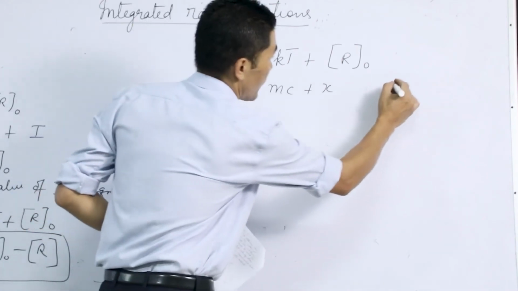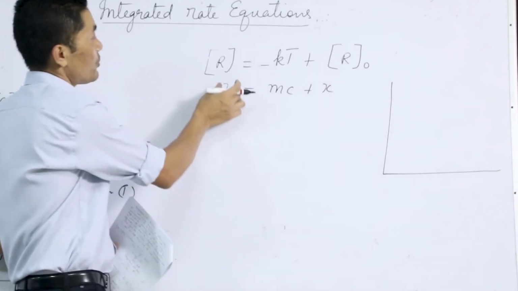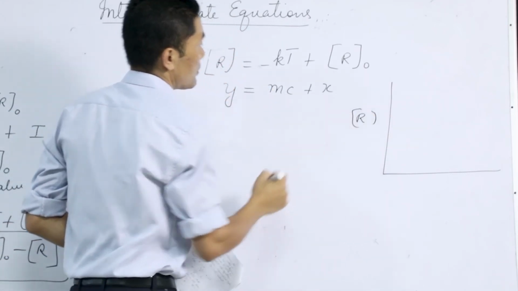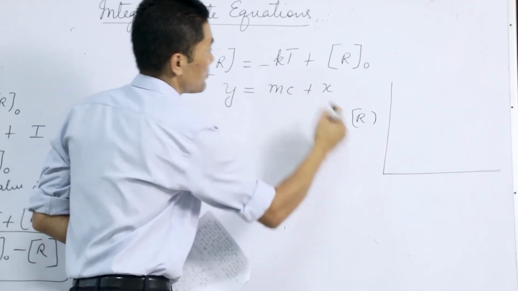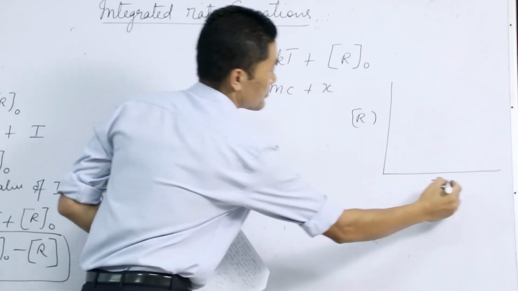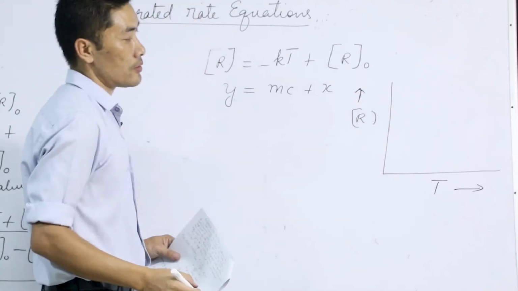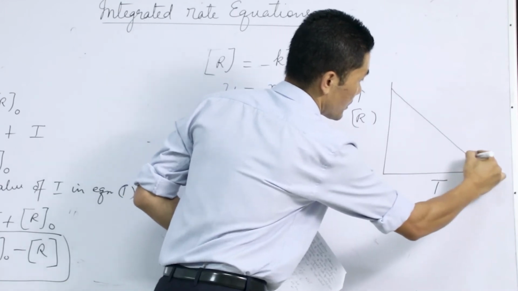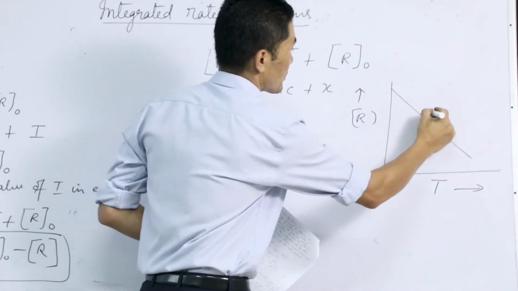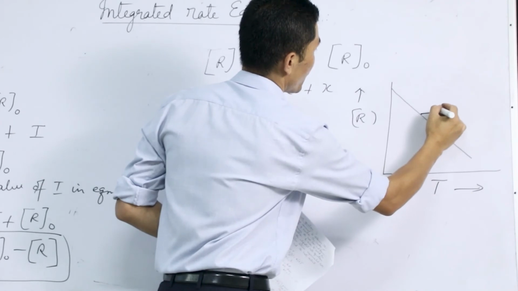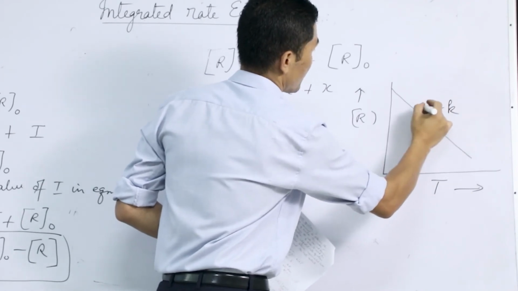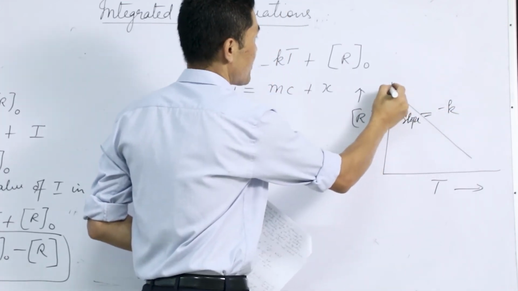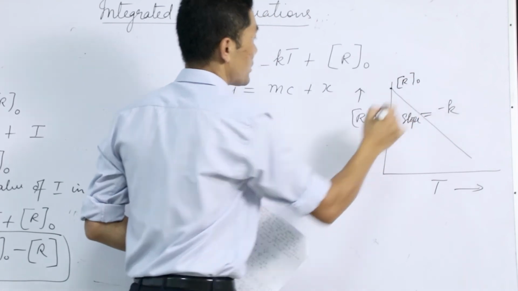So if we draw a graph, if we plot this concentration of R against the time, on plotting R against time, we will get a straight line like this, and the slope of this graph will be equal to minus k. So slope will be equal to minus k, and this intercept will be equal to R naught.